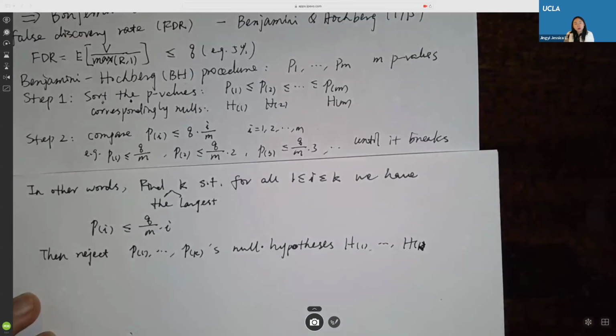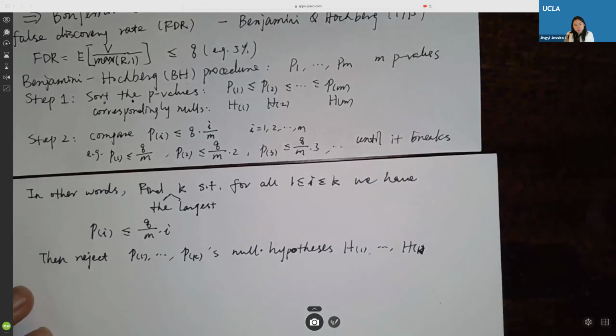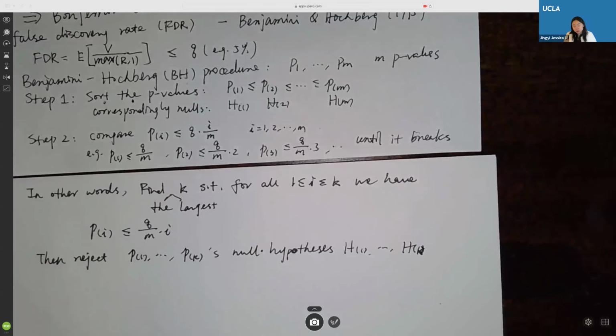So essentially, we are finding the threshold using all existing p-values. And this is also different from the PCER, per comparison error rate, and family-wise error rate, because for these two criteria, the p-value threshold is set just by our standard, right? PCER is just our significance level alpha, while for family-wise error rate, it is just the target level, say 0.05, divided by the number of tests.